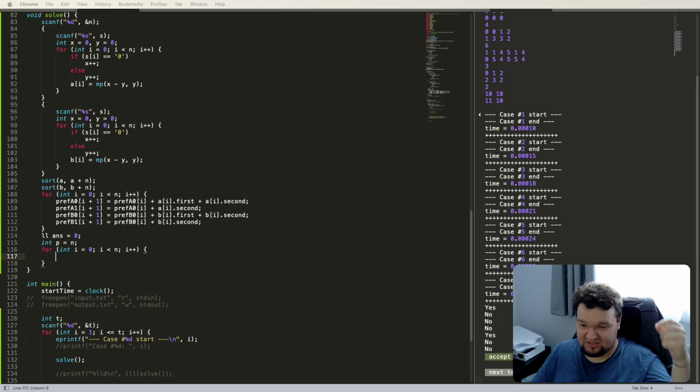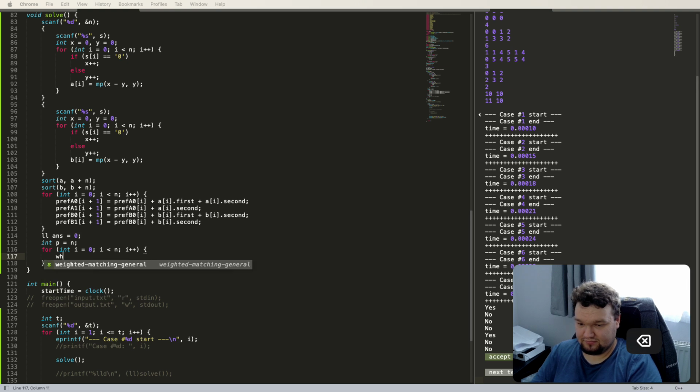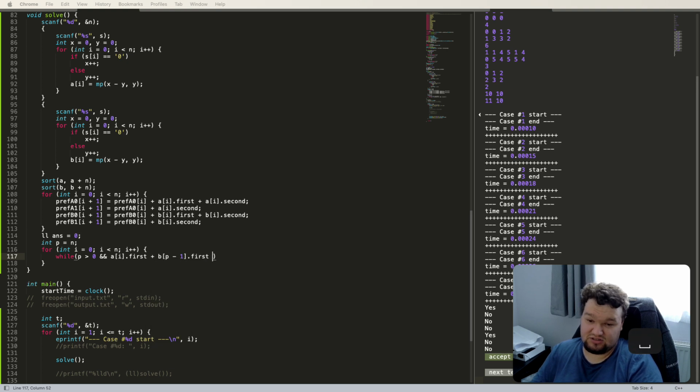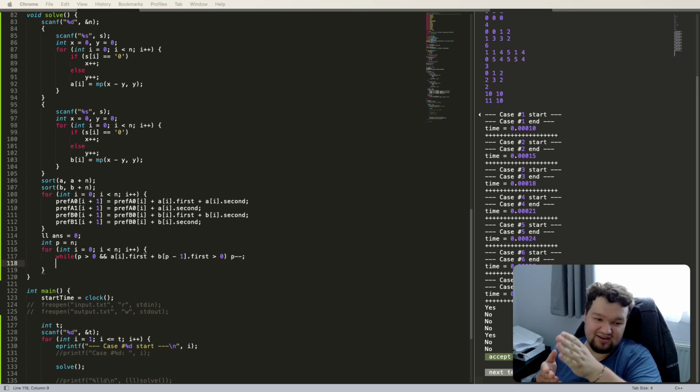So I will be decreasing p, and I will be decreasing it while the sum is positive. So first plus bp minus 1 first is greater than 0. So in p and after that I want to take 1, the function that takes 1 once, and before that I'm taking zeros.